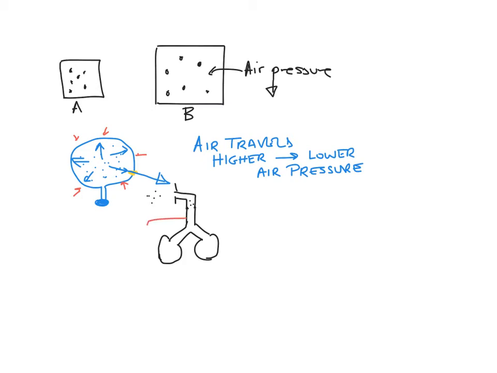Surrounding this is the pleural cavity. Okay, and it's a sealed bag essentially, in which it's surrounded by the ribs and the intercostal muscles. And at the bottom, you have the diaphragm.